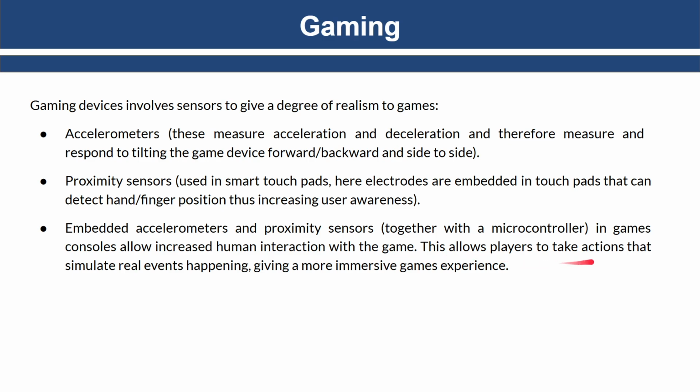This allows players to take actions that simulate real events happening, giving a more immersive gaming experience. Basically, having all the sensors makes the user feel like they are actually controlling the device in real life.